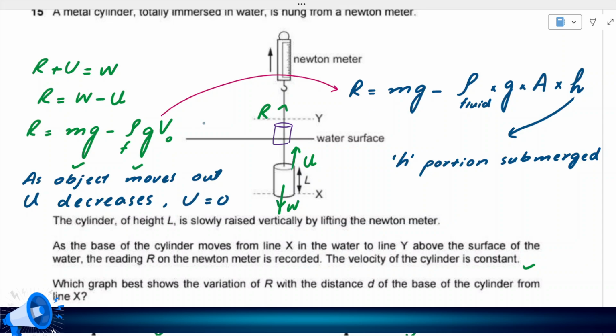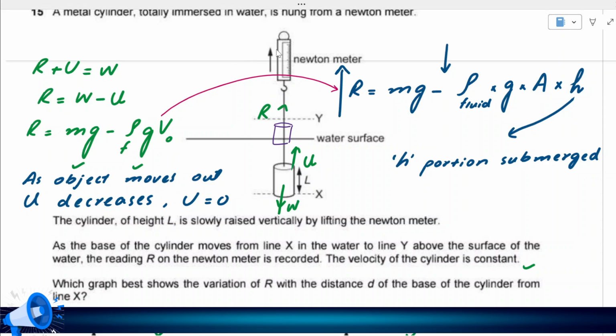So what does that mean? It means this portion, this quantity is being decreased, hence this thing would now increase. Upthrust was being decreased, so the value of R would now be increased.